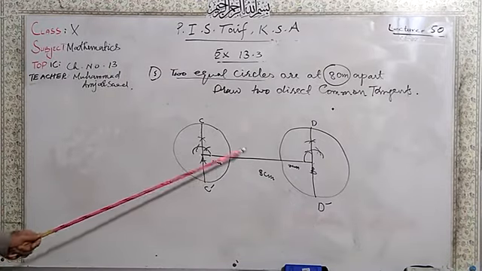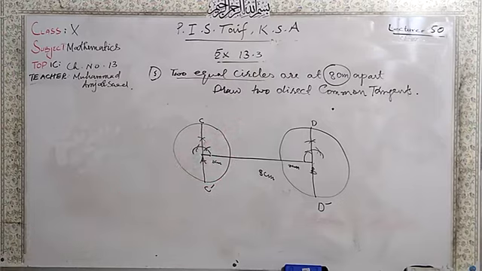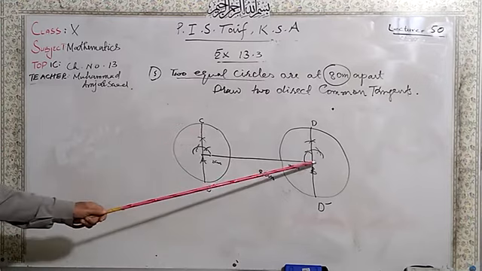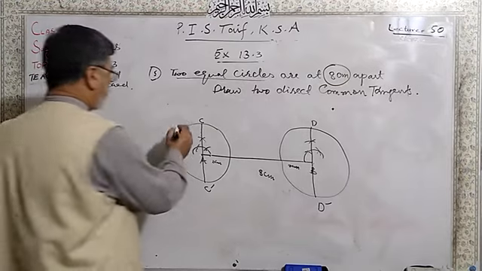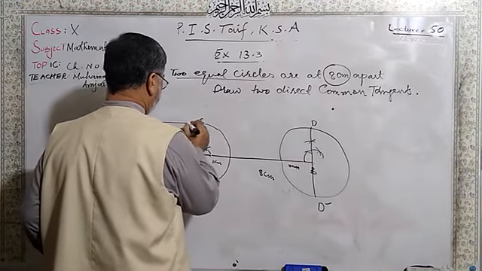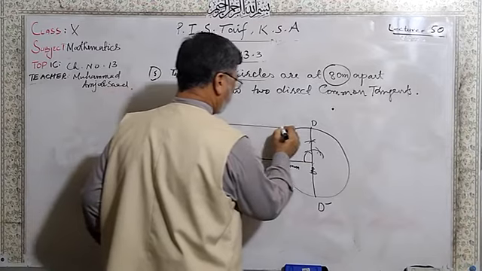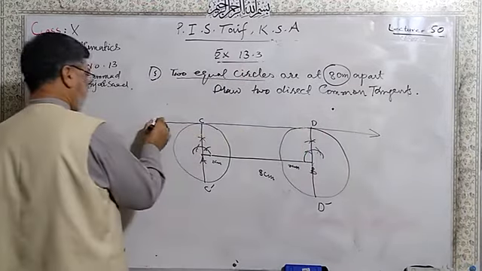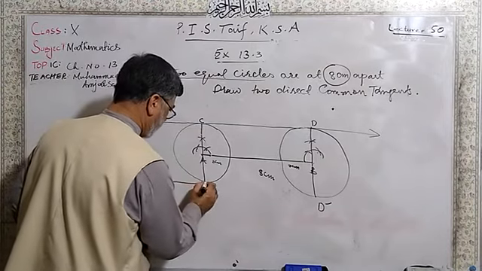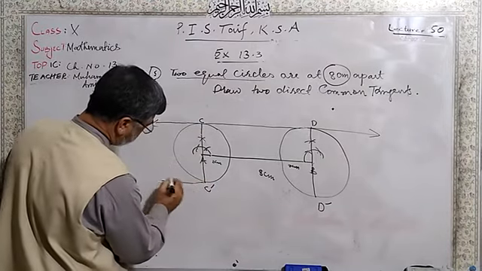Draw a line segment AB of length 8 centimeter. Open the compass equal to 2 centimeter and draw two equal circles of radii 2 centimeter and 2 centimeter. At the center A, draw the diameter CC dash, and at the center B, draw diameter DD dash. Now take the ruler and draw the tangent, which will touch both the circles at points C and D, and C dash and D dash.